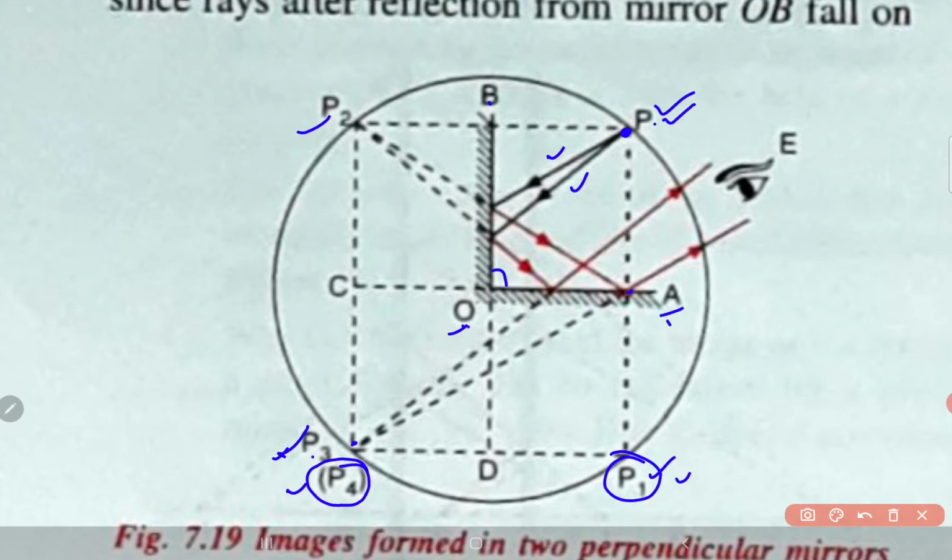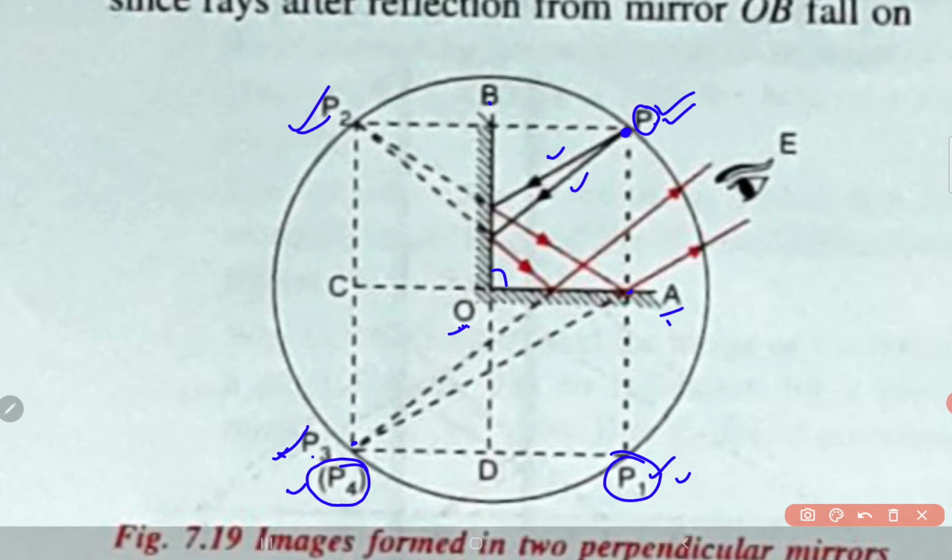I hope the first one is clear. Let us consider P2. As the object is here, similarly OB can create P2 in a very easy way, like what OA had done.